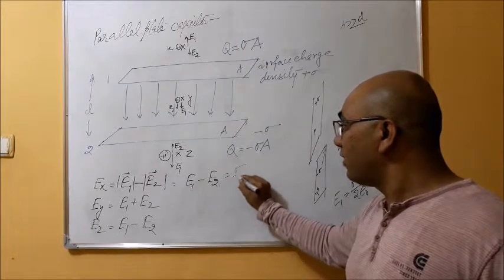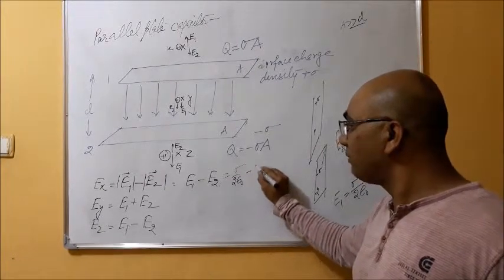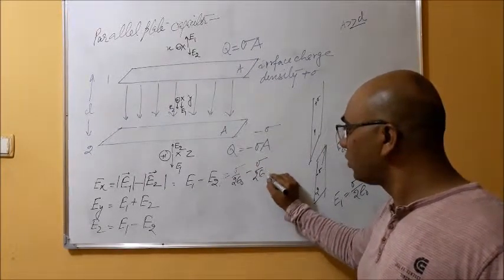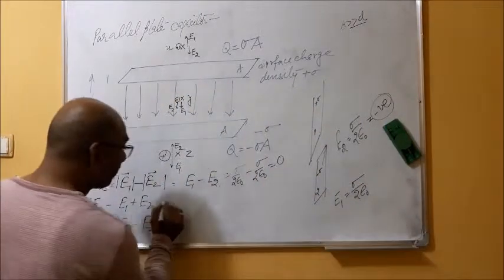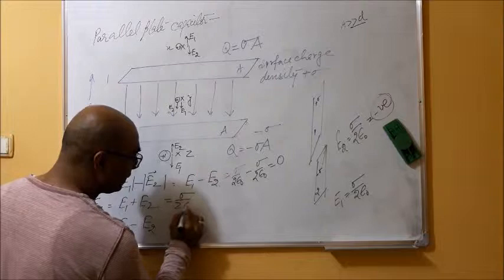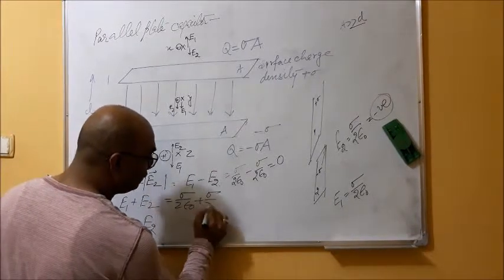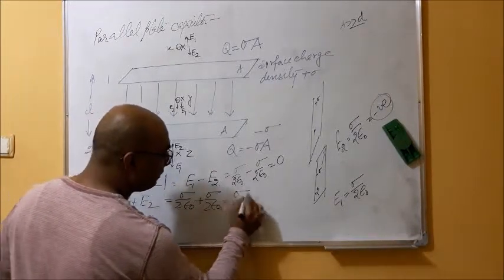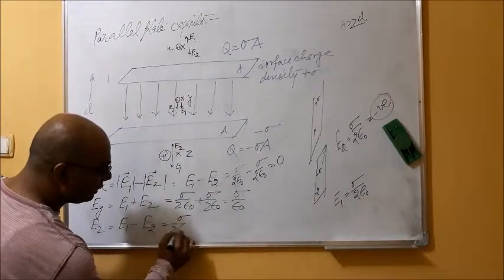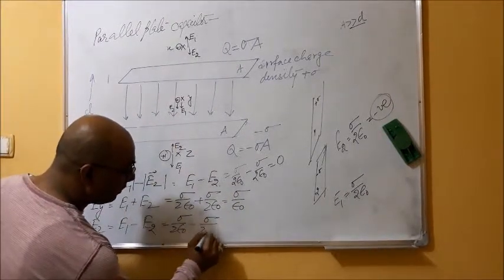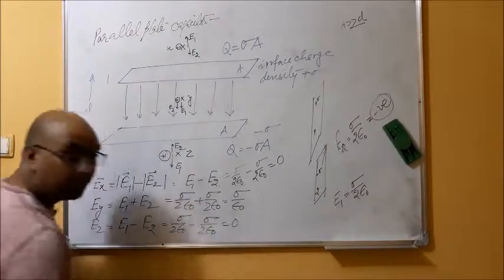So sigma upon 2 epsilon naught minus sigma upon 2 epsilon naught will be 0. Here sigma upon 2 epsilon naught plus sigma upon 2 epsilon naught is sigma upon epsilon naught. And here again sigma upon 2 epsilon naught minus sigma upon 2 epsilon naught is 0.